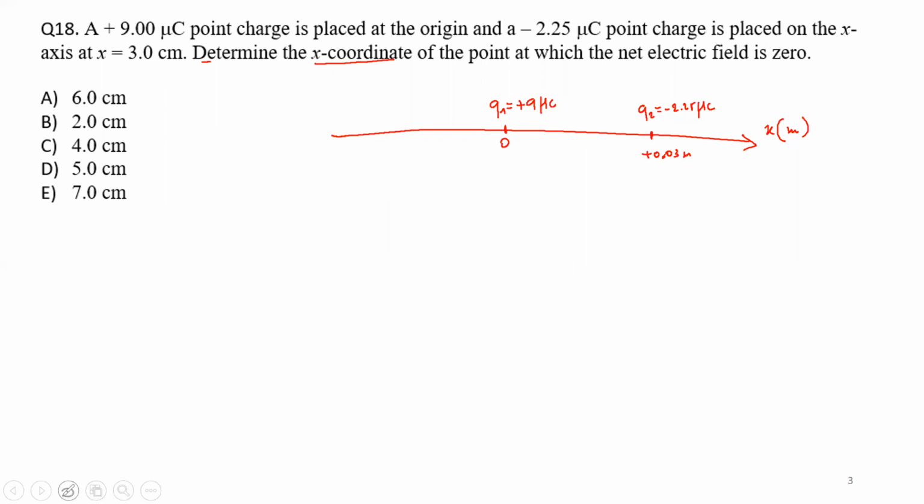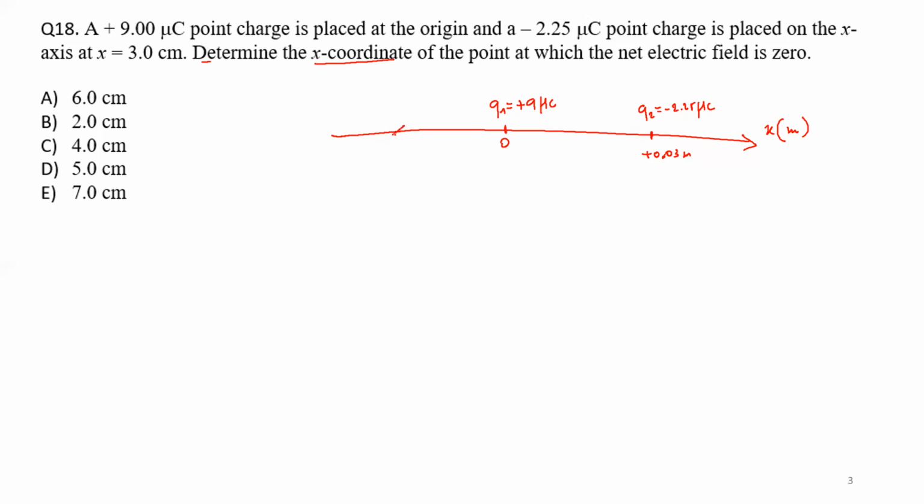So let's plot the electric fields. For this charge, it's positive, so the electric field is always pointing away. This charge is negative. The electric field is always pointing toward the negative charge. So E1 should point away.